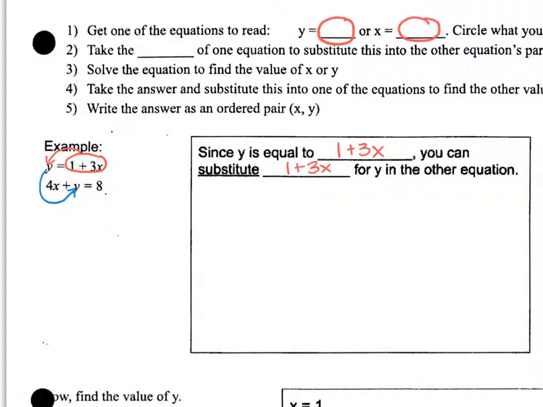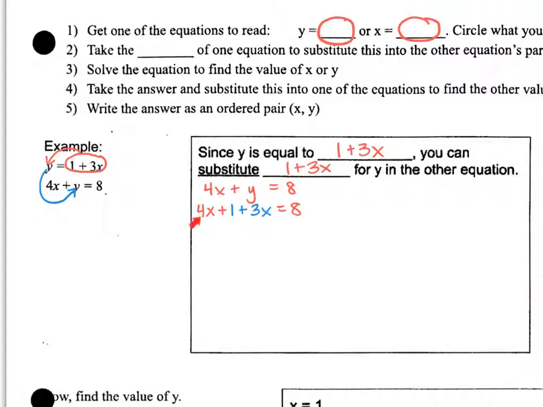So instead of 4x plus y equals 8, I get to write 4x plus 1 plus 3x equals 8. All I did was replace that y with what it's equal to. And that's the process of substitution.